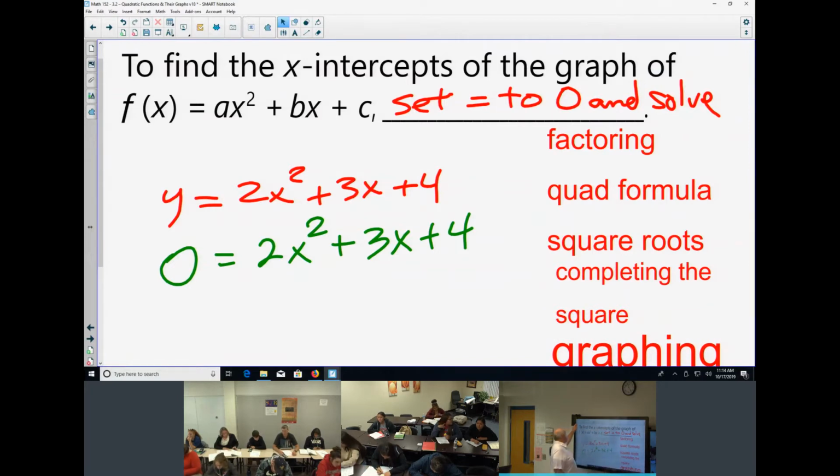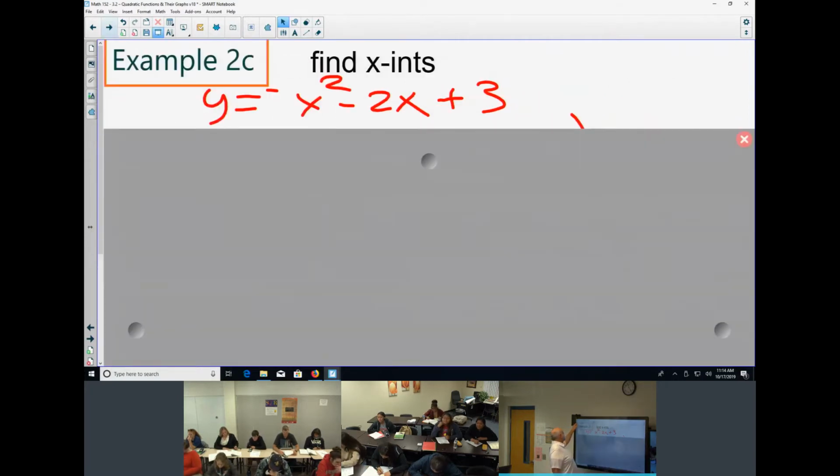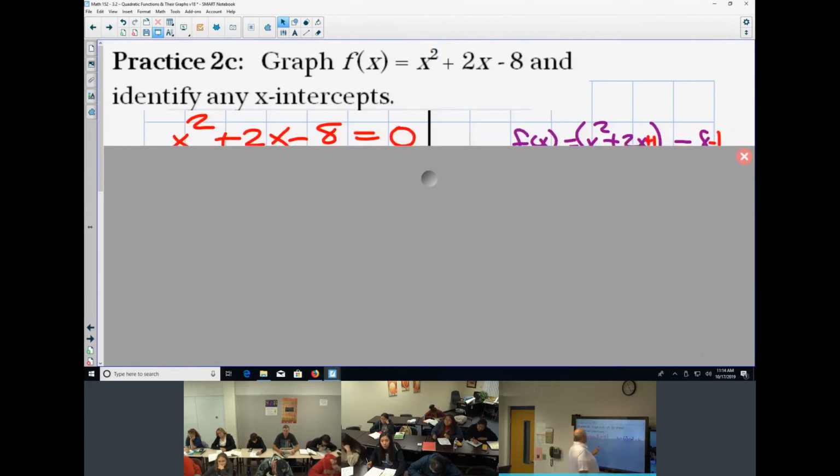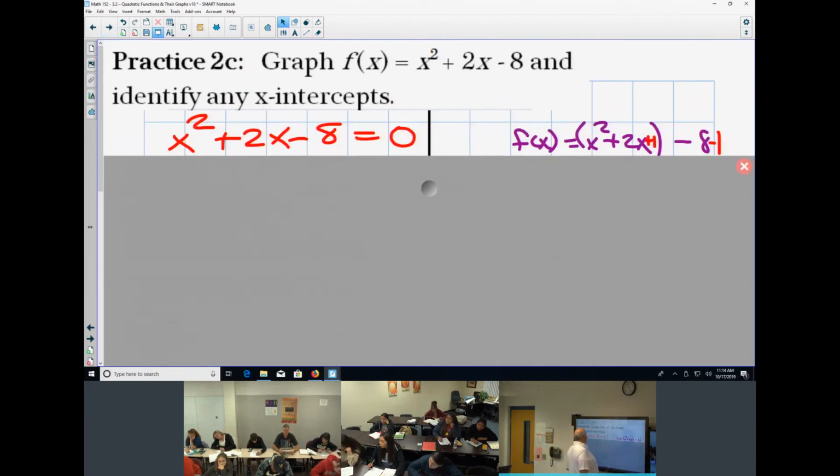All right, now let's go back to this one. We already found the vertex for this one. This was the same as practice 2b. So to find the x-intercepts, you set it equal to 0 and solve. So x squared plus 2x minus 8 equals 0.